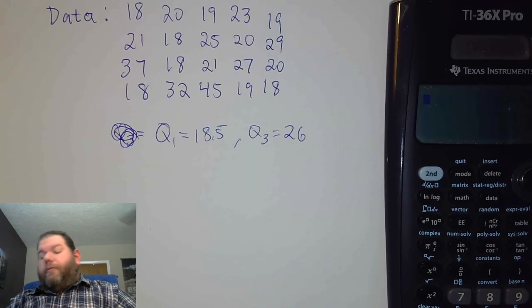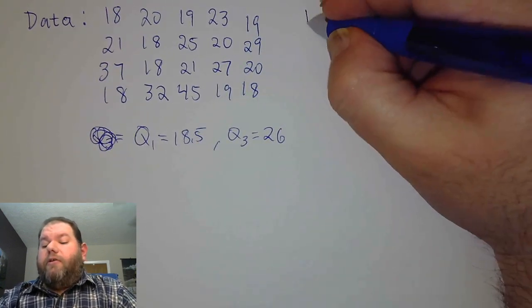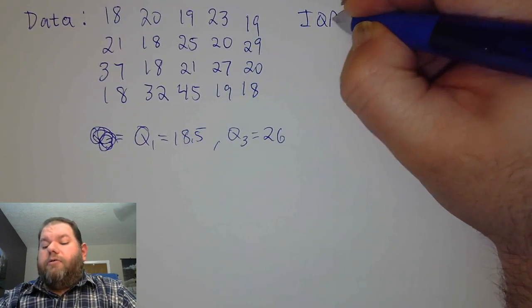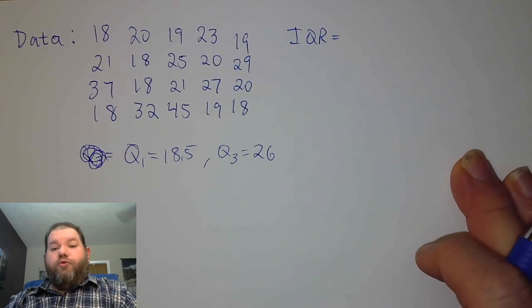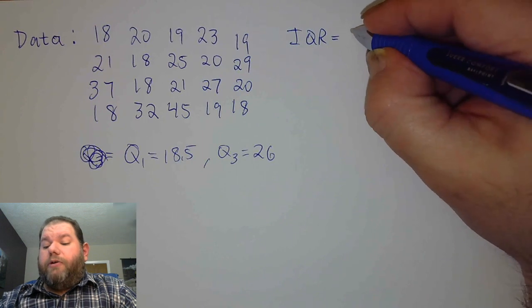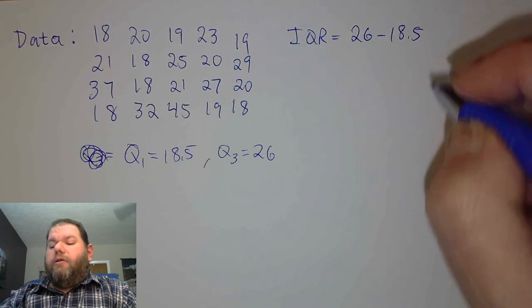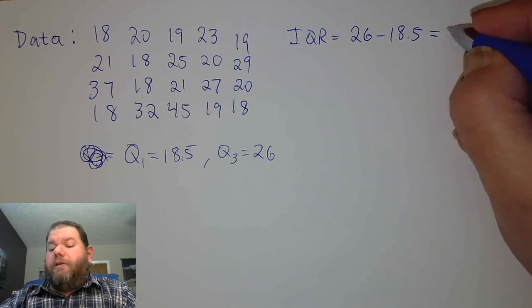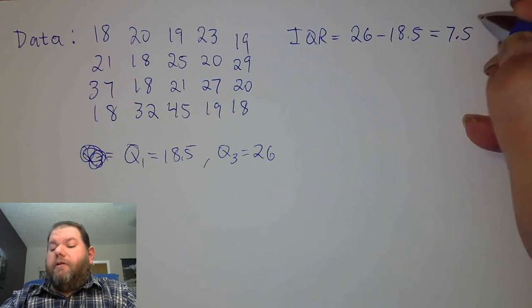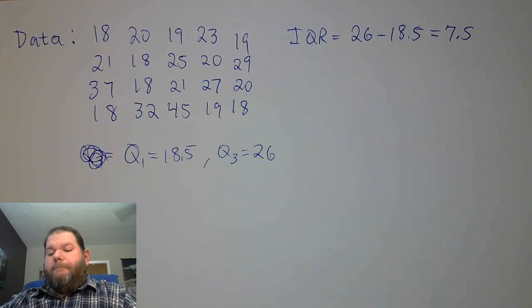Okay, so we need to go ahead and calculate IQR, which we know is Q3 minus Q1. So we subtract those two numbers, and what is that, 7.5, I believe? Okay.